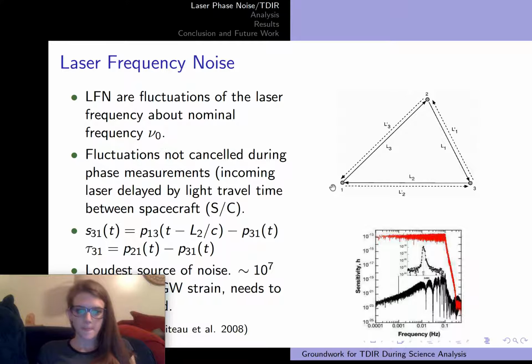So the 2 measurements that I have used in this work are just the standard science, the SIJ and reference tau IJ measurements. So just as an example, if we are only assuming laser phase noise in the data, the science measurement S31 at spacecraft 1 is going to be the measurement at spacecraft 1 coming from spacecraft 3.